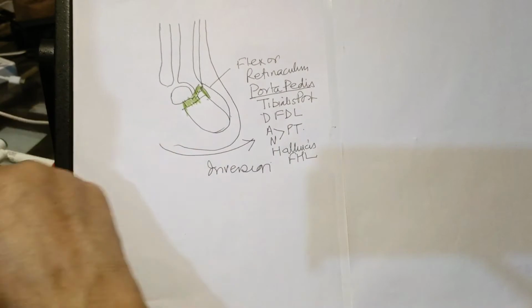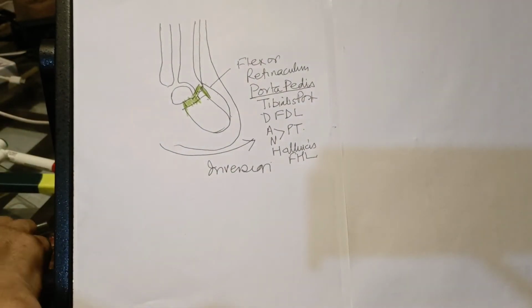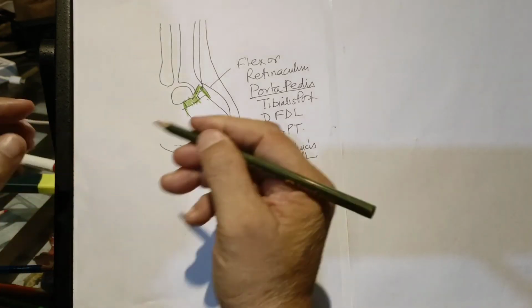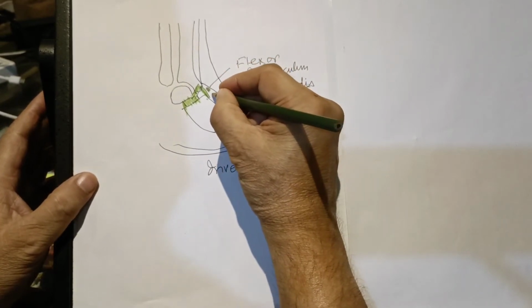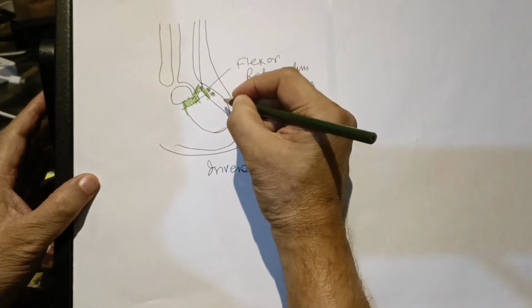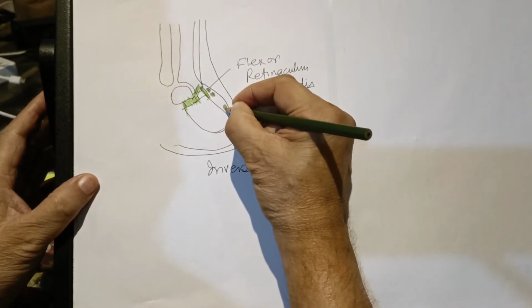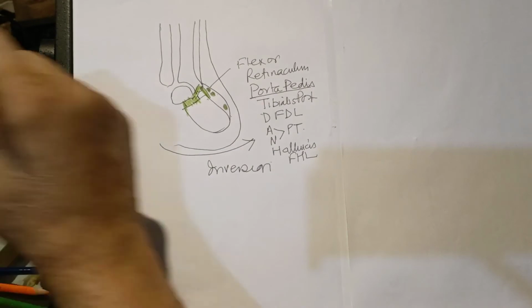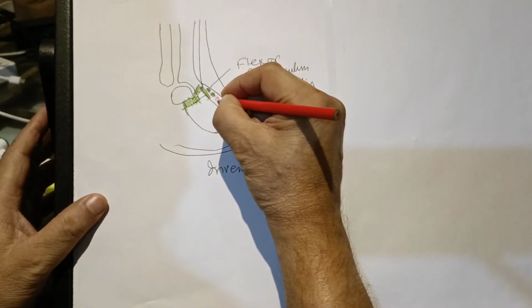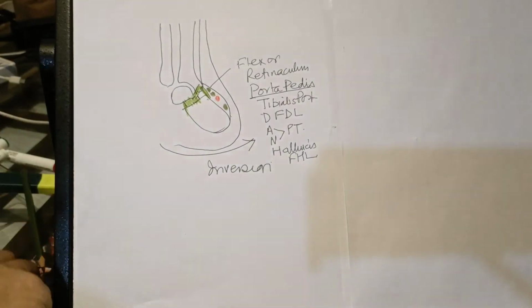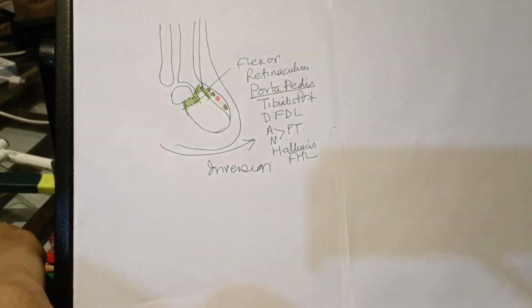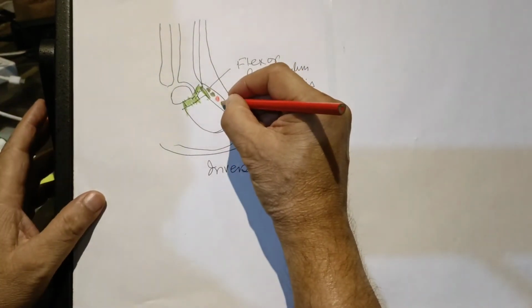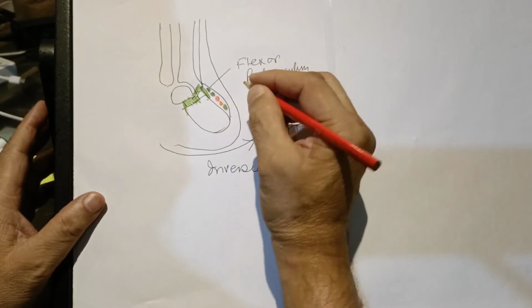So this is tibialis posterior, then the flexor digitorum longus, and then the flexor hallucis longus, and in between we place the artery and the nerve. The nerve we place a little bit more like this. Okay, this is the nerve.